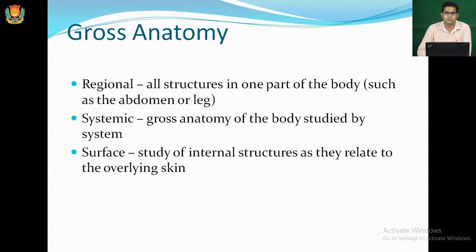Then in the systemic, the various body systems like the cardiovascular system, digestive system, kidney or excretory system, and what type of cells these systems are made up of. Then in the surface, if we are talking about a particular surface like our kidney or cardiovascular system, what type of cells or tissues are these made up of? So these all are studied within anatomy.